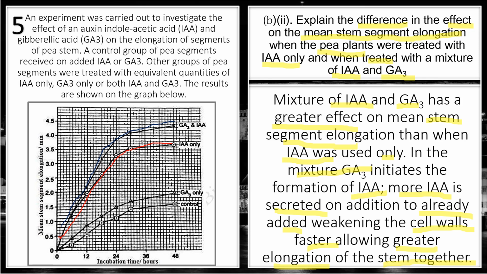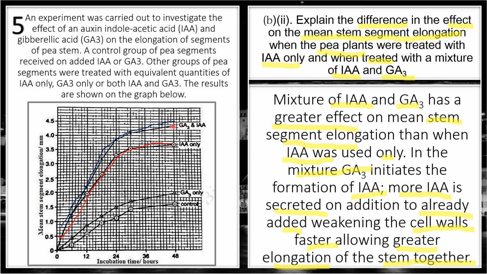So when there is a combined effect of gibberellic acid and indoleacetic acid, indoleacetic acid has an effect of weakening the cell walls, which causes the faster and greater elongation of the stem.